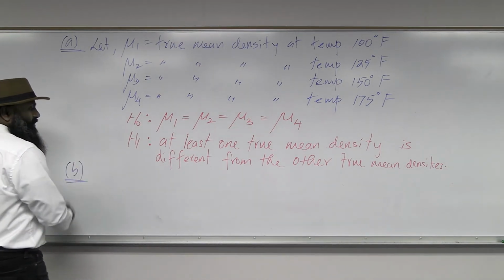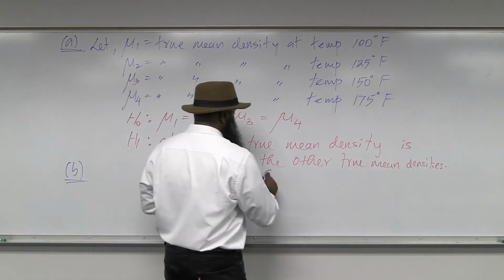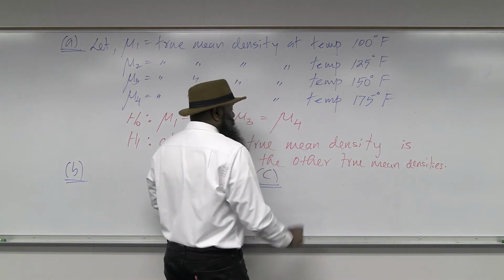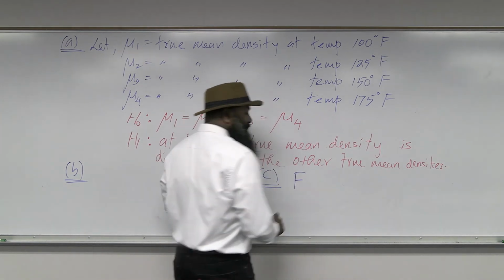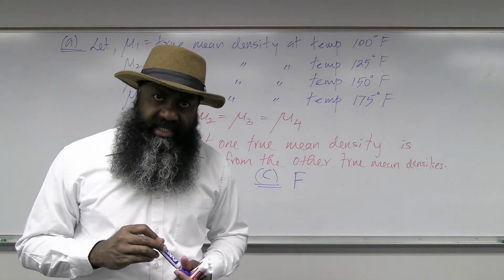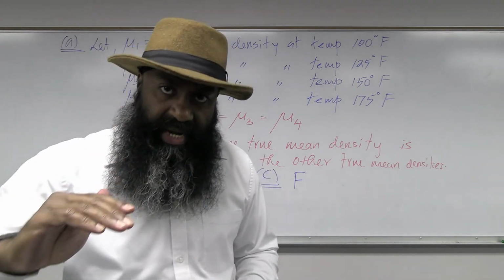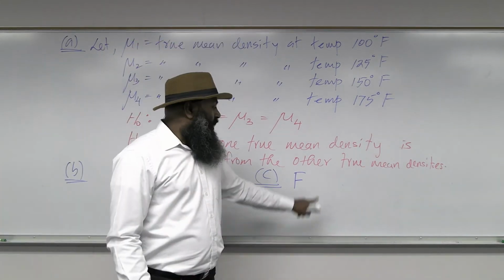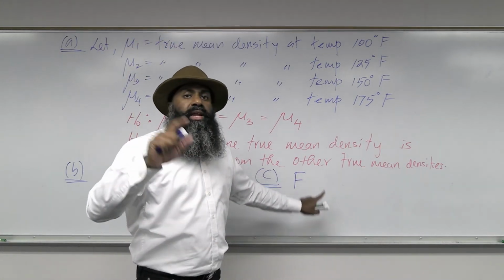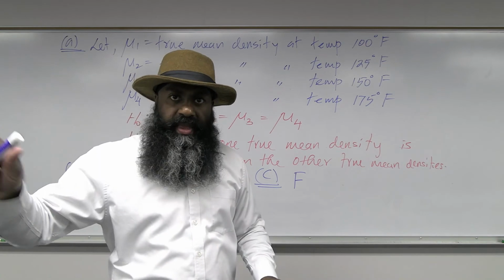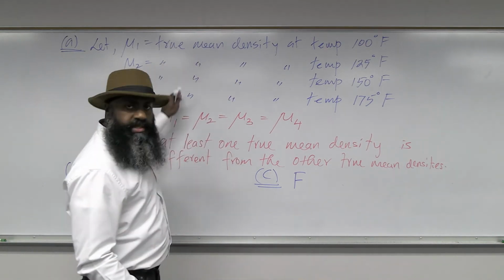We will write part B here and we will write part C there. I need the F distribution. If you remember the F test statistic, the numerator is variance between groups. The denominator is variance within groups. So the numerator degrees of freedom should be the degrees of freedom between groups. I have 4 groups.